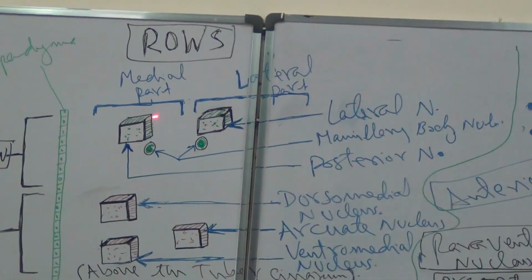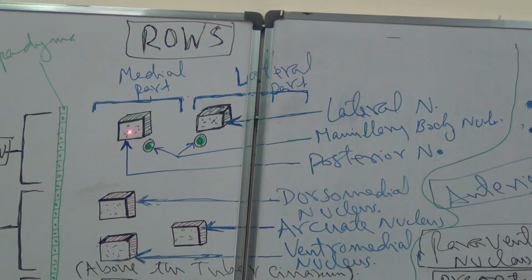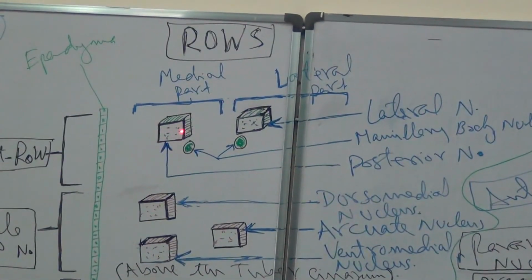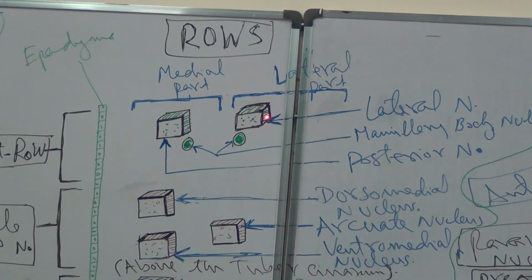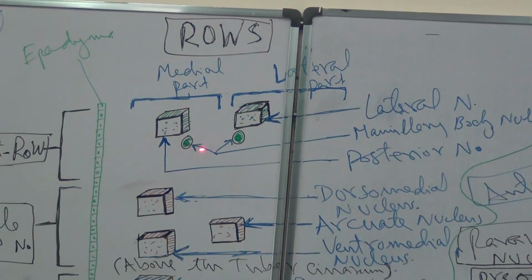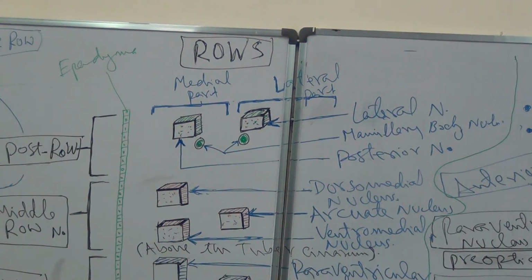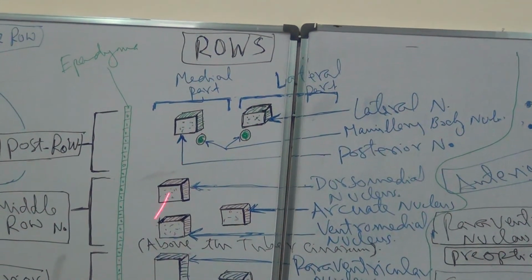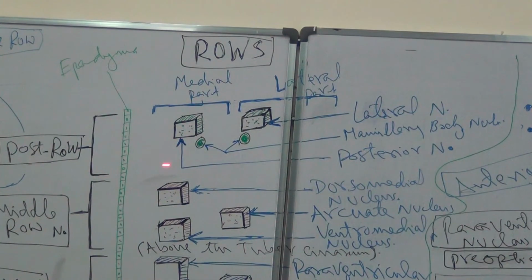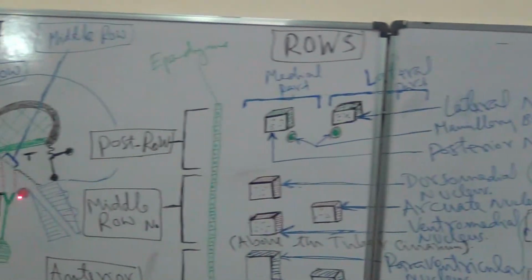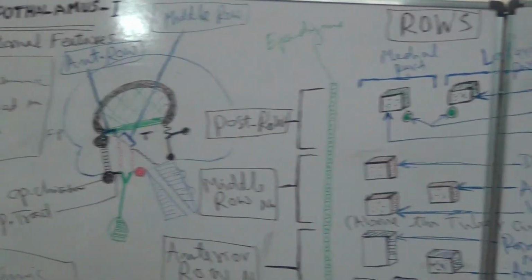So in the posterior row, this is the posterior nucleus, medially located, the lateral nucleus, laterally located, and there are nuclei of the mammillary body. In each mammillary body, there are two nuclei, one lateral and one medial. So in this way, the posterior row lies above the level of the mammillary body.